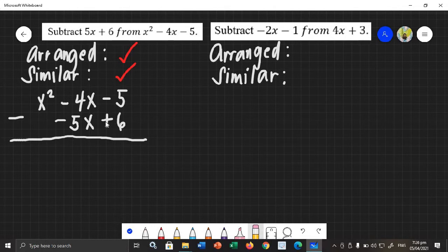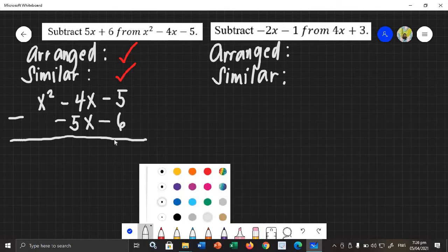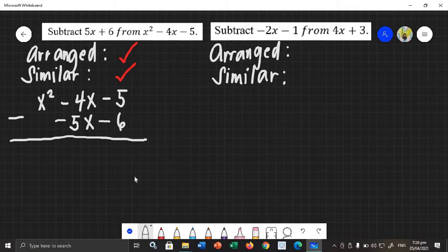Si positive 6 magiging siyang negative 6. Okay? Kasi yun yung rule in subtracting integers. And then, right after you change the sign of the subtrahend, we need to change also the operation into addition. Okay? So, change yung sign ng subtrahend, i-change yung operation into addition, and then we need to proceed to addition.